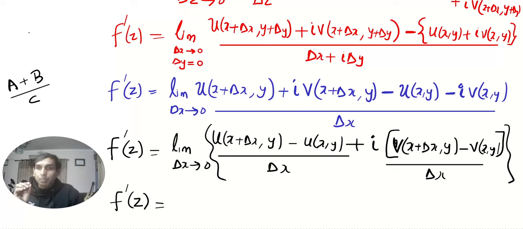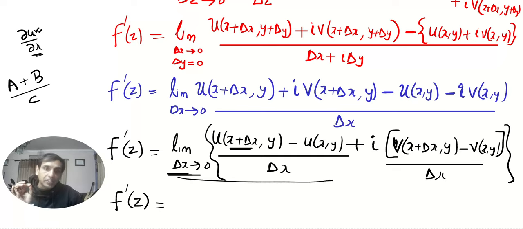Can you see? Partial derivative with respect to x means we are learning how the function changes according to x by keeping y as a constant. Look at this, Δx tends to 0, that means Δx is a variable, and we are learning how the function behaves when there is a movement in x and y is a constant.